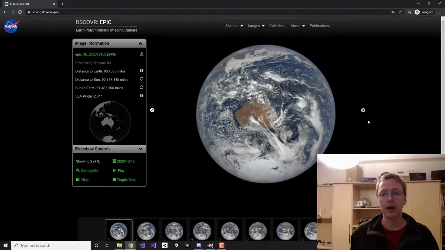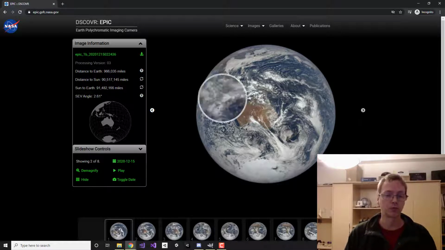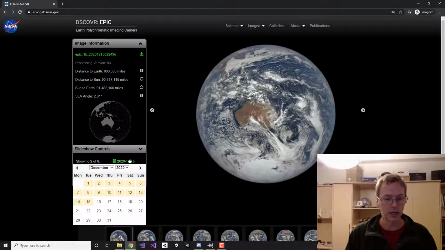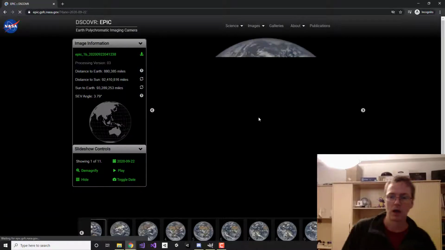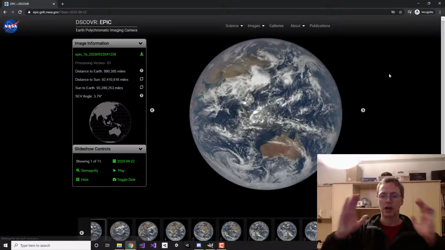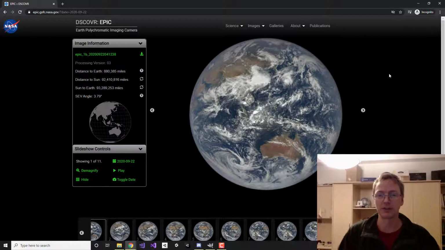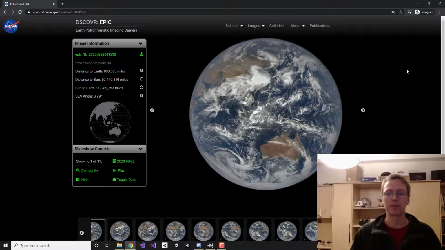Now we want to compare equatorial radius to polar radius, and we can make our job even easier by taking it on an equinox. The most recent equinox is going to be, choose the date here, September 22nd. All right, now you can see on September 22nd, the Earth just happened to be right there with the equator pointed at the sun.